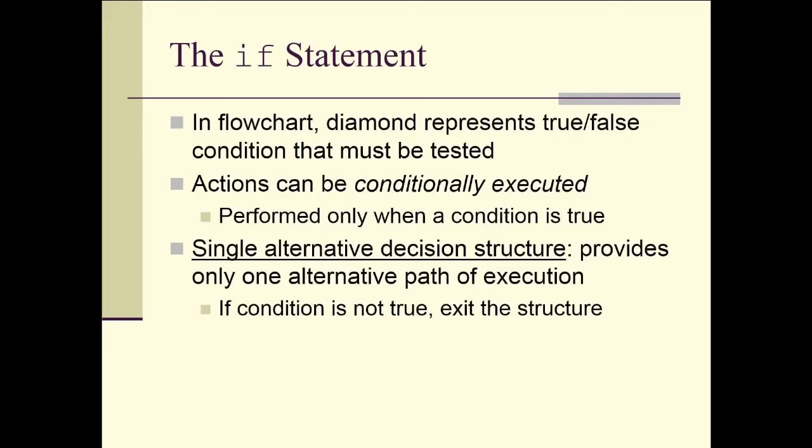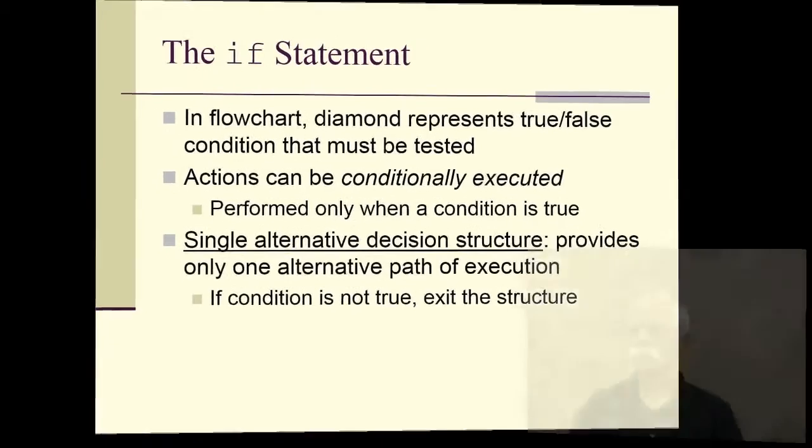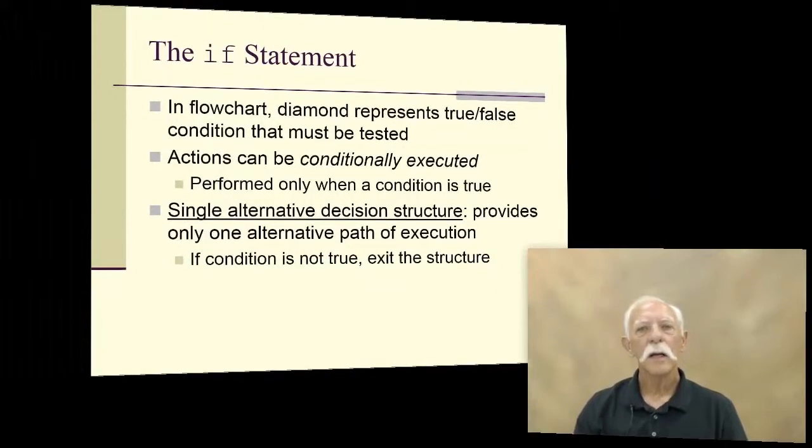The if statement allows us to have the computer make a decision based on a single alternative, or maybe dual alternative, or multiple alternatives, based on whether a statement is true.